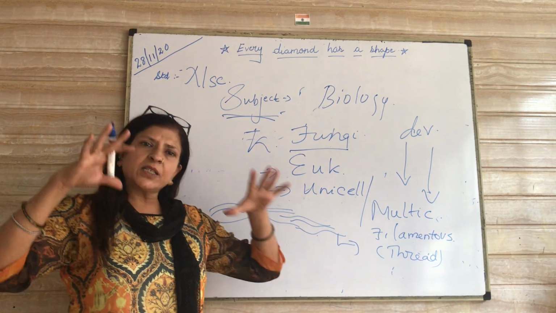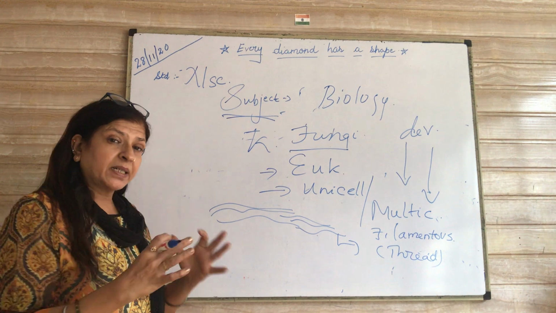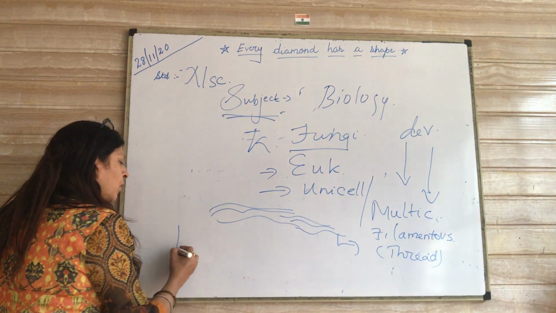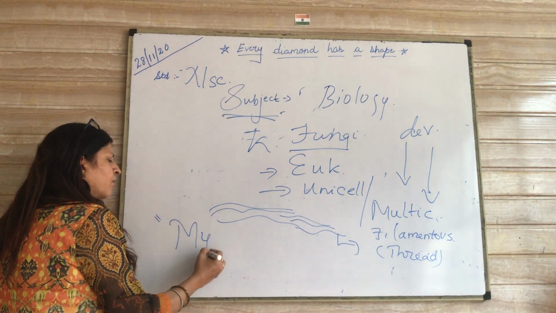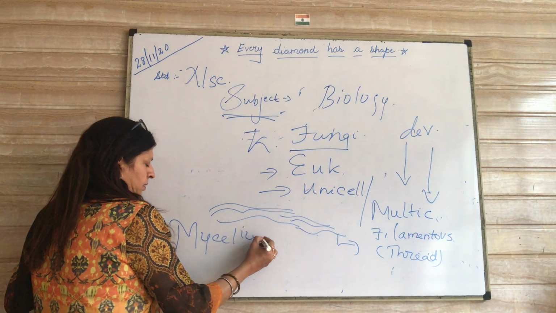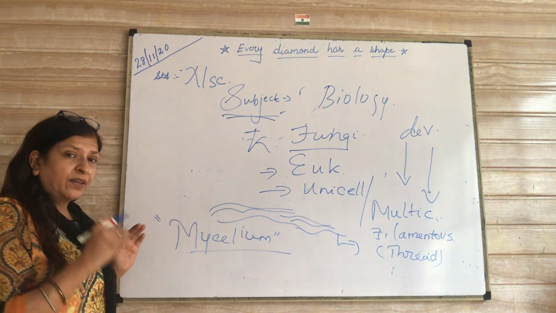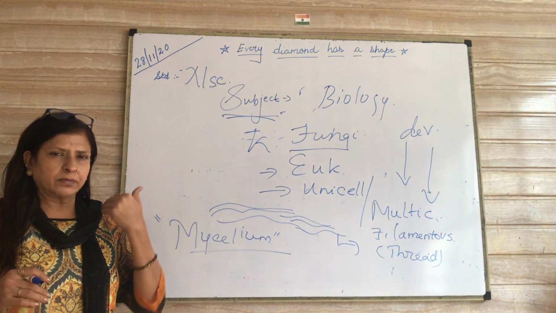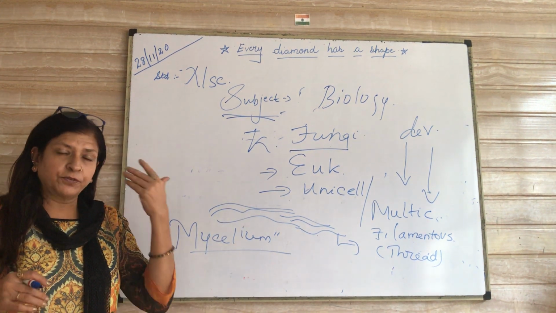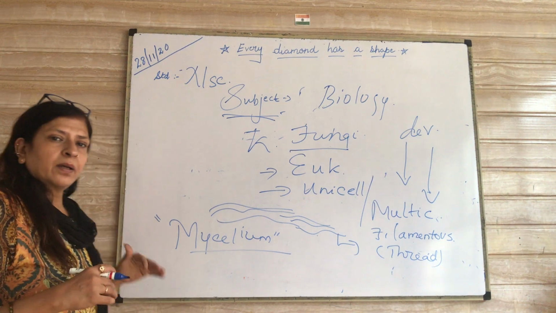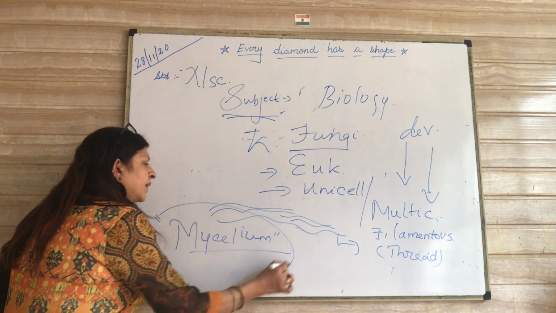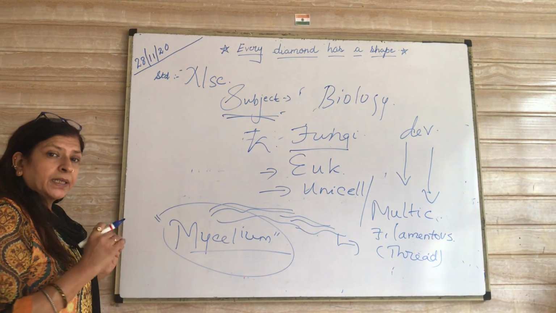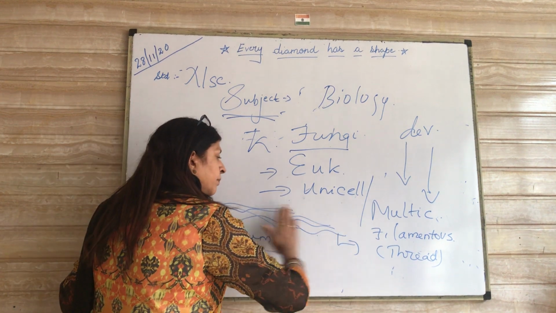Such a filamentous body, the mass of filaments, we call it by a very important term, very important for your future chapters and future classes. Mycelium is the term used for the filamentous body.